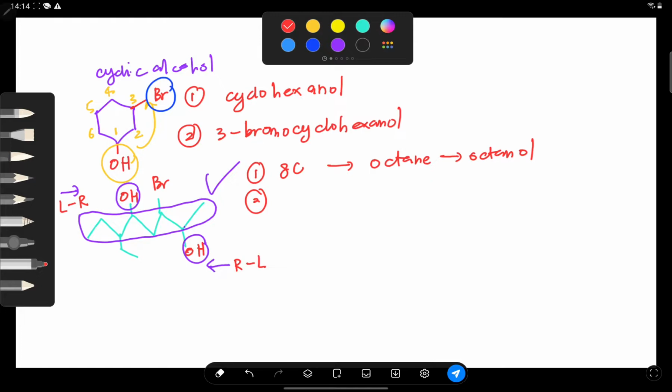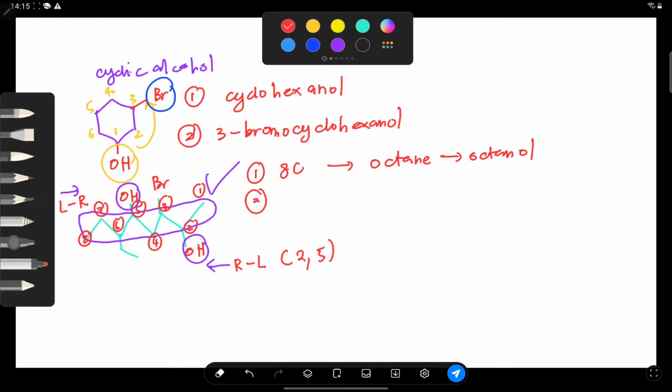Let's try. If you count from right to left, it will be 1, 2, 3, 4, 5, 6, 7, 8. So the location of the hydroxyl groups is at number 2 and number 5.